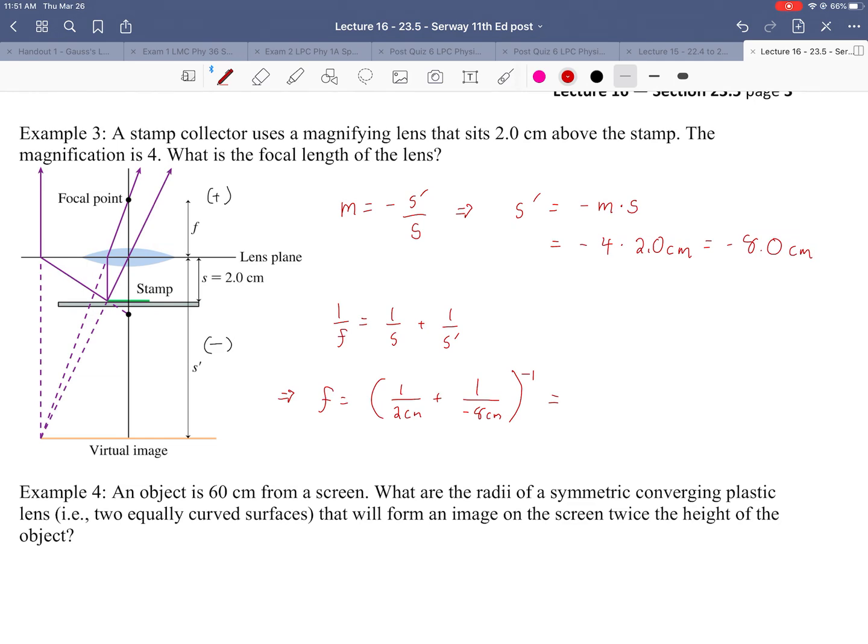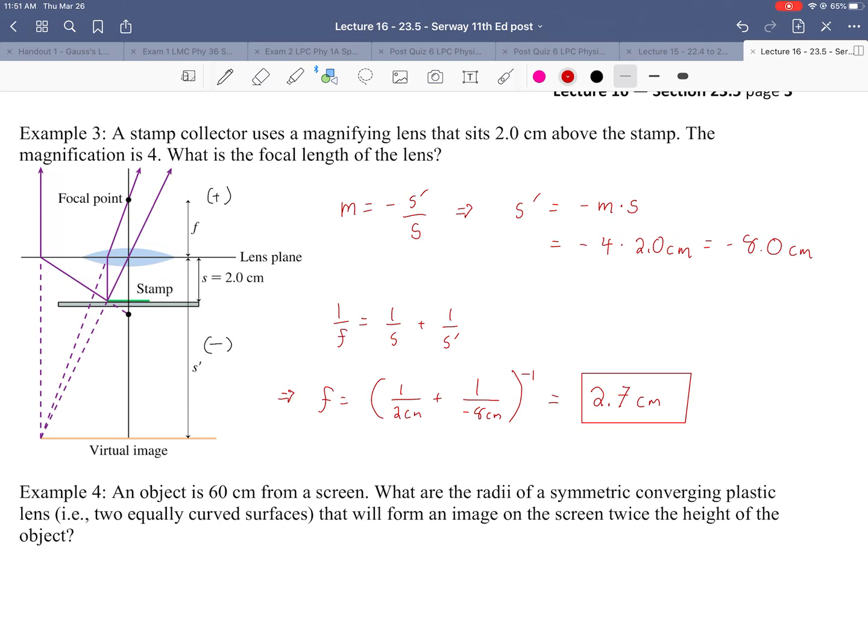So I have 1 over 2 plus 1 over negative 8. Okay, and so then I get a focal length of 2.7, because we only had one sig fig, but we'll pretend like we have 2. So a focal length of 2.7 centimeters.